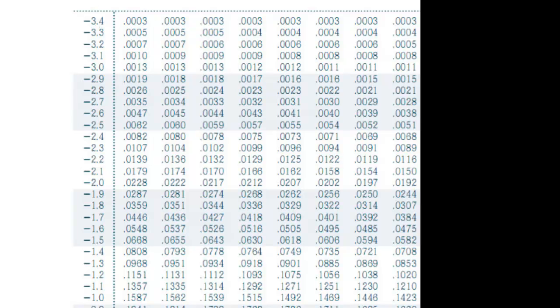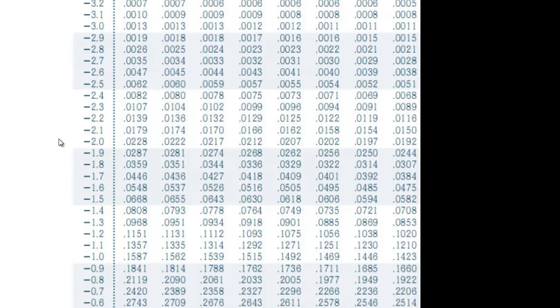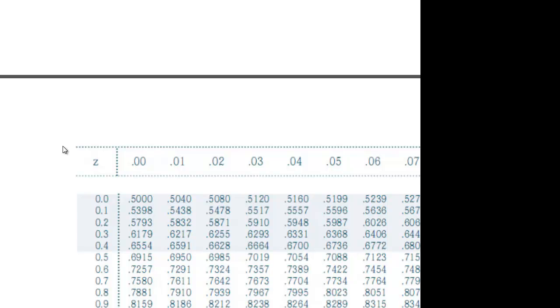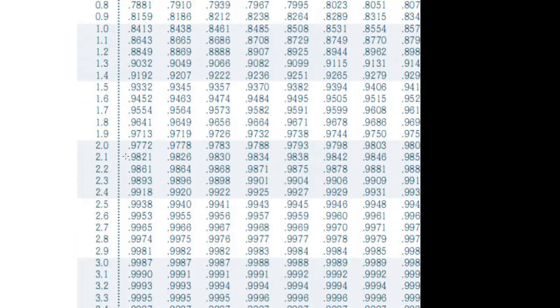So the columns go out to 1 decimal, and then we go to the particular column for the second decimal. So the first column goes to 1 decimal, so we want to look up 2.0. So that's going to be down here. So we have 2.0 here, and it's 2.00, so I just go right here. So the area to the left, because the table gives you the area to the left, is going to be 0.9772.